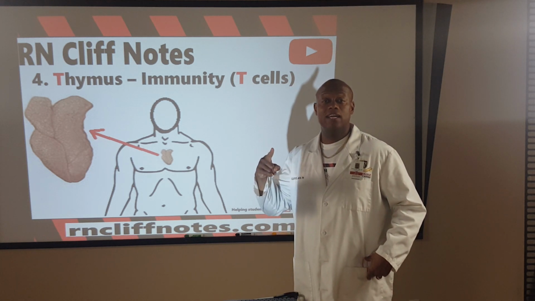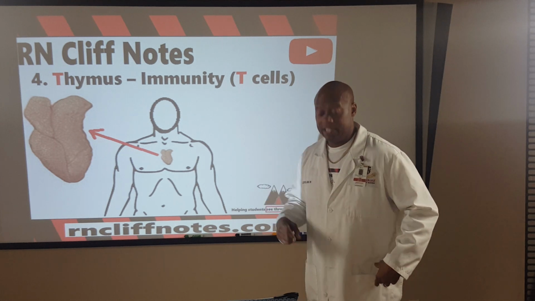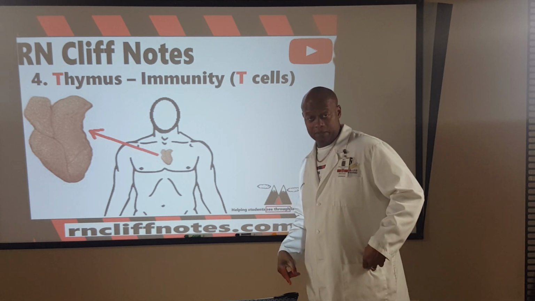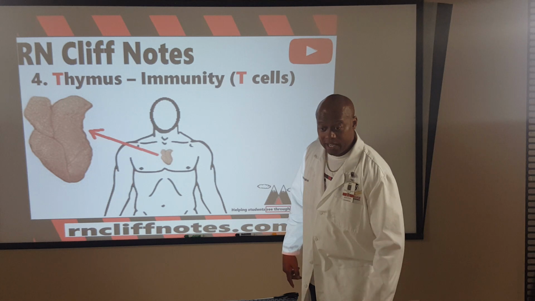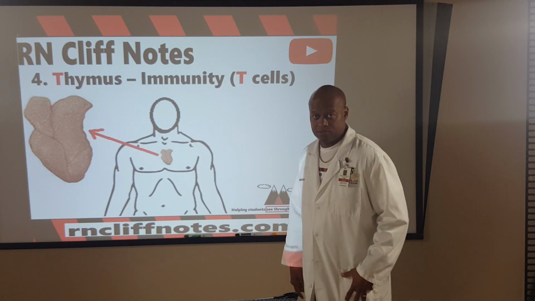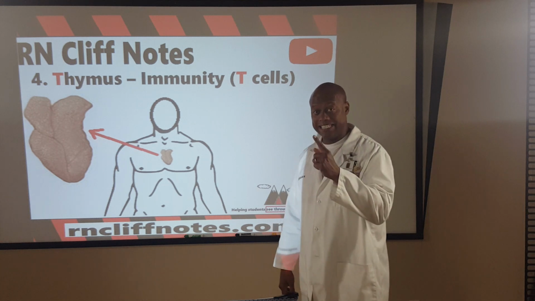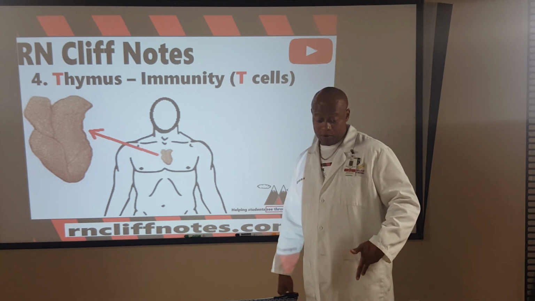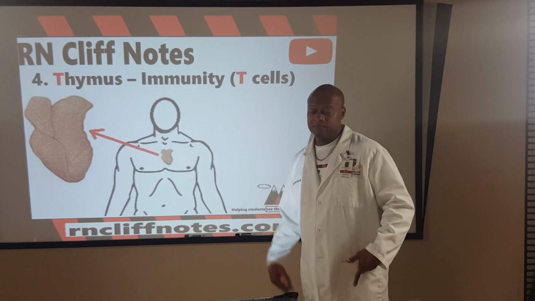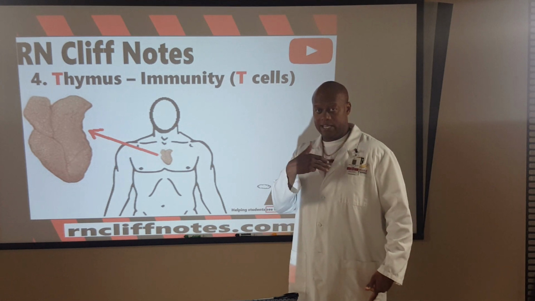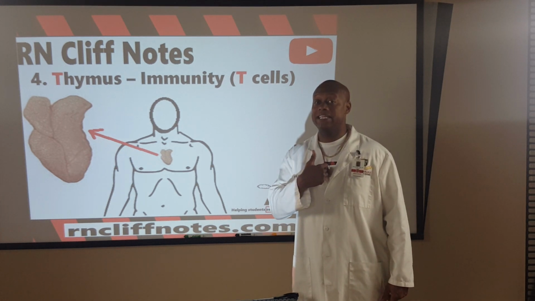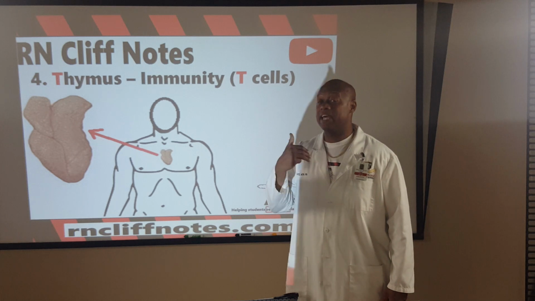The epiphysis. The epiphysis of the bone, the top of the bone, the bottom of the bone. That's where blood and cells are produced. Okay, so when it comes to T cells, although they were produced originally in the bone, they migrated and finished maturing in the thymus, and they became T cells.